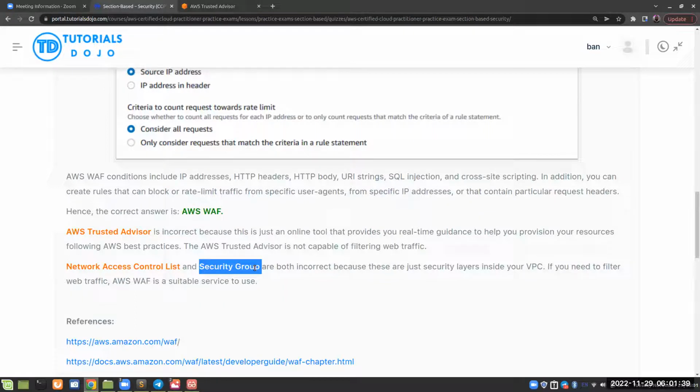What do you think, Shay, Sally? Where do you use the security group, Sally? Just try.